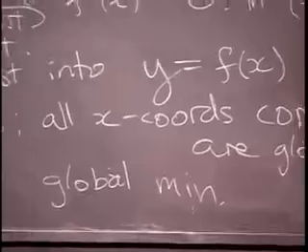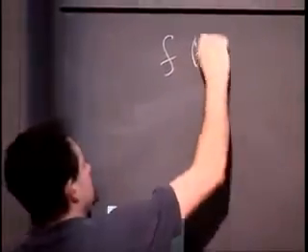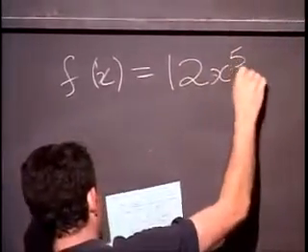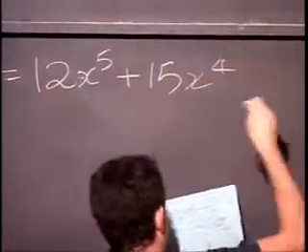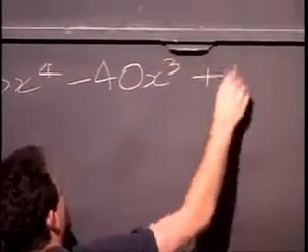Okay, so I'm going to illustrate this with the following example. Suppose that f of x is equal to 12x to the 5th plus 15x to the 4th minus 40x cubed plus 1.